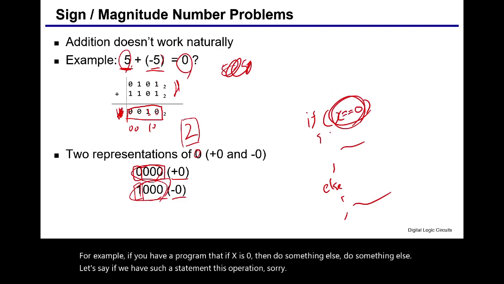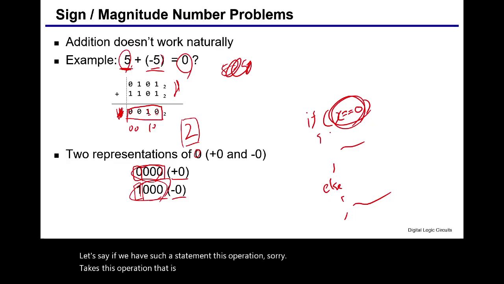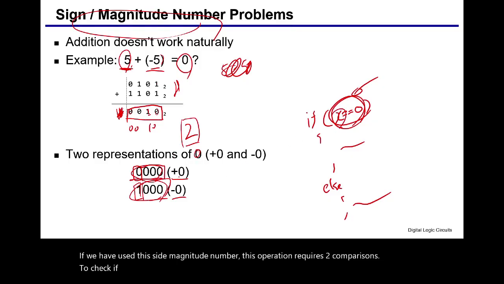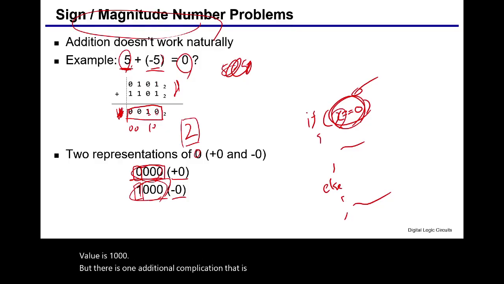This operation that checks whether x is 0 or not actually requires two comparisons if we use this sign magnitude number, to check whether the value is 0000 or whether the value is 1000. So that is one additional complication of using the sign magnitude number.